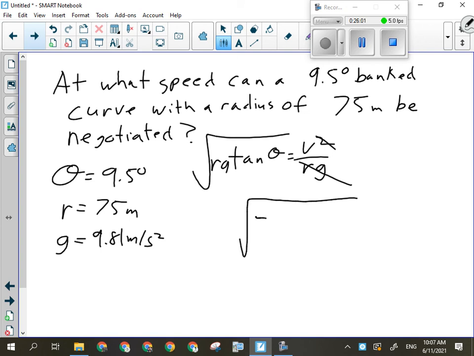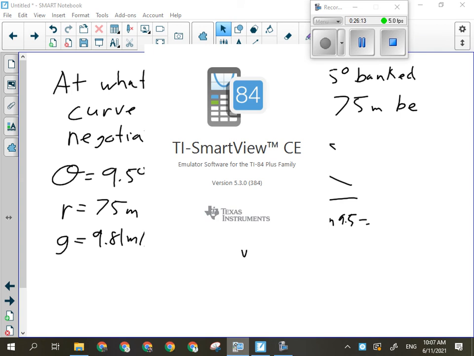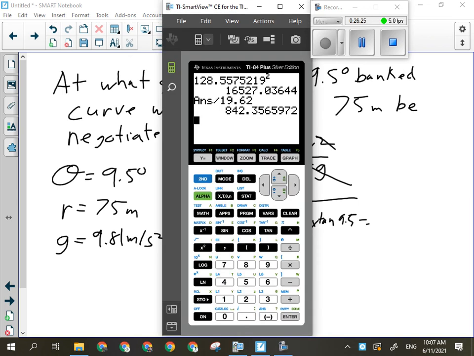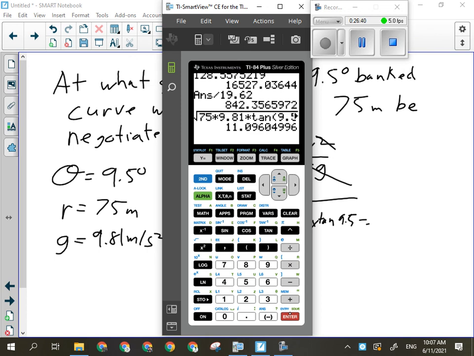So that would be 75 times 9.81 times the tan of 9.5. Okay, 11 meters per second.